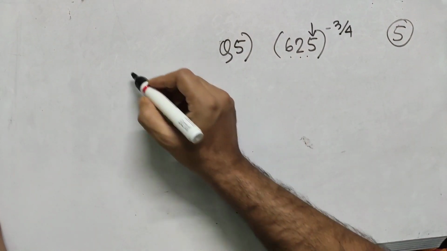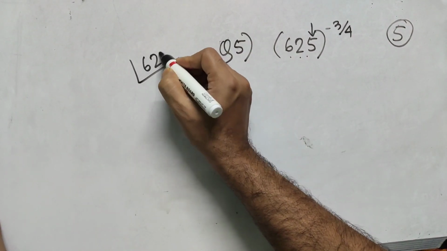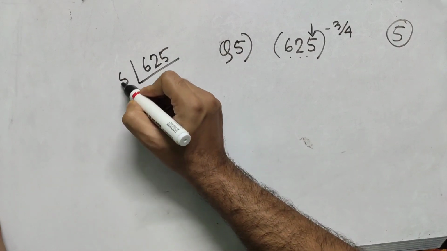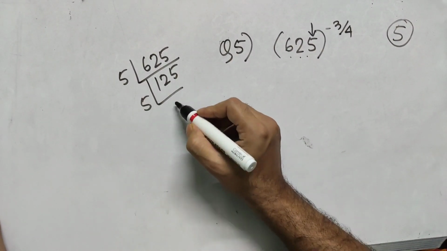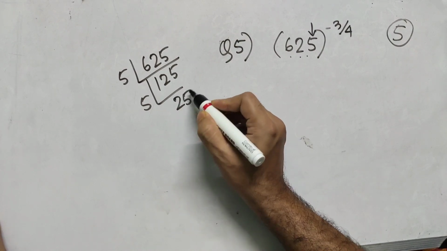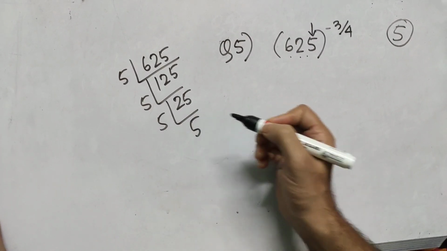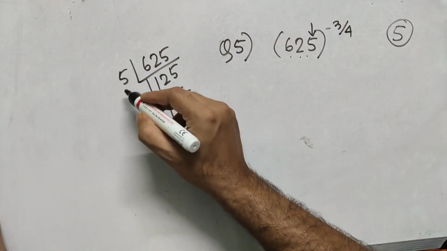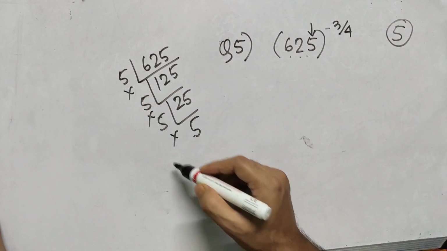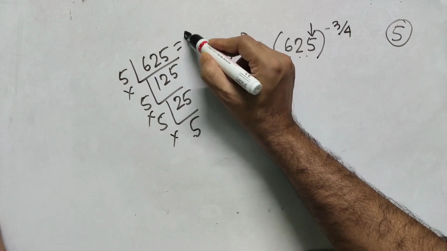So we have 625, 5 gives 125, then 5 gives 25, then 5, 5. As you can see, we have four 5s, that means 5 into 5 into 5 into 5, so 625 can be written as 5 to the power 4.